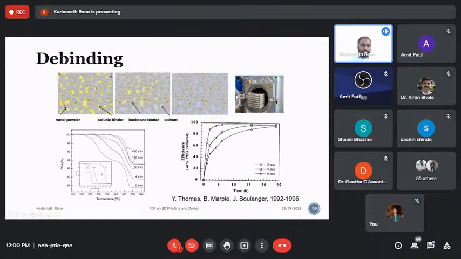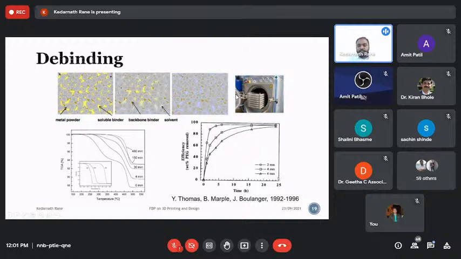Different binder constituents require different hold times and temperatures to be removed. When it comes to the efficiency of the debinding process, on the x-axis you have time. As you go on increasing the time, your debinding process gets completed easily.